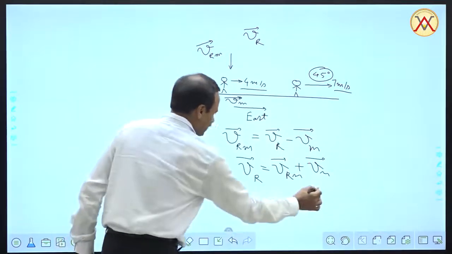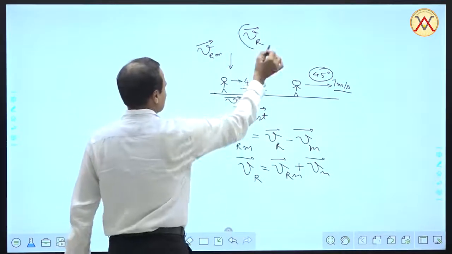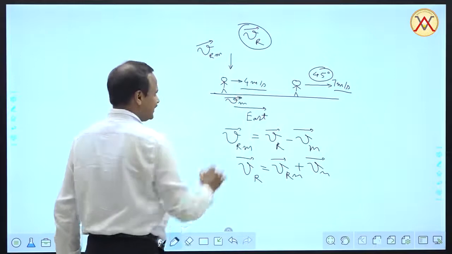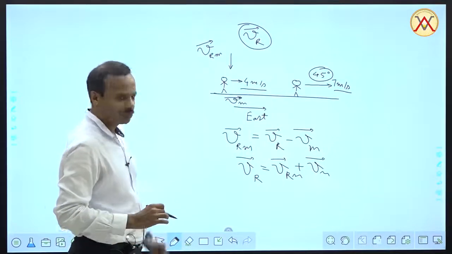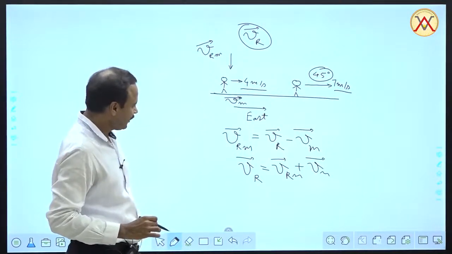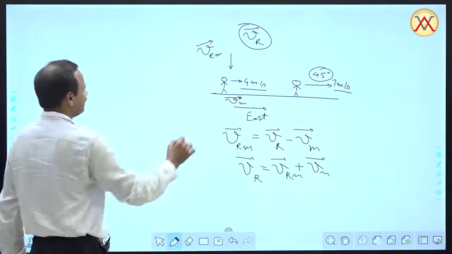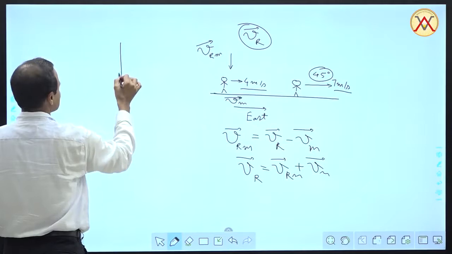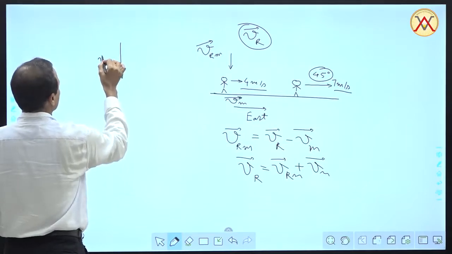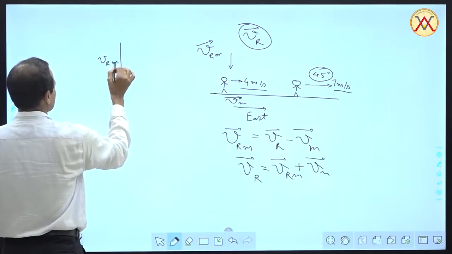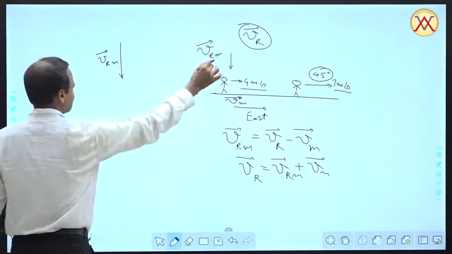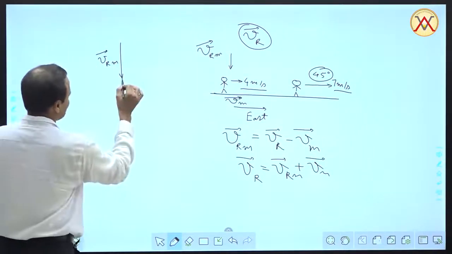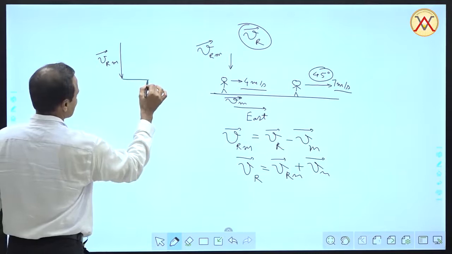So, this unknown vector is basically the resultant of these two vectors here. So, accordingly, we can make the vector triangle. So, I am drawing it here. This is the Vrm vector. In the first situation, problem says that this is vertical, and I am adding Vm vector to it.